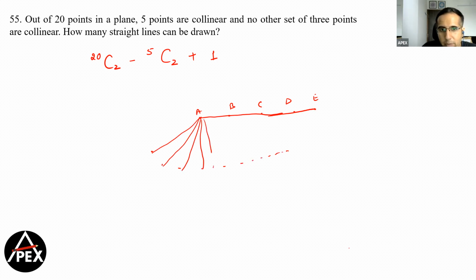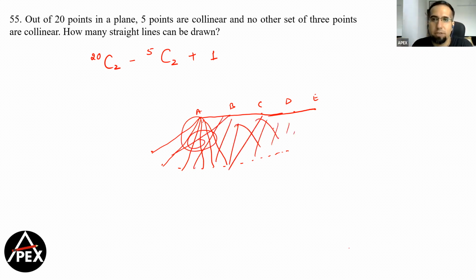Are you getting it? So if you're writing 15, in a way you're eliminating these possibilities. With B also, and with C also, you will have lines. So by saying 15, you're eliminating all those possibilities. Clear? So therefore, first you make 20.